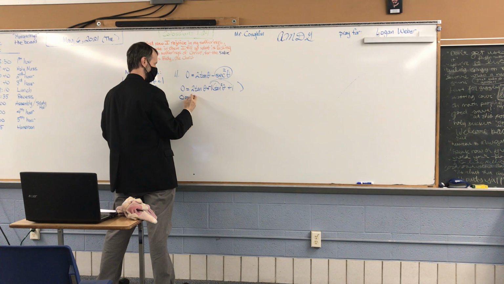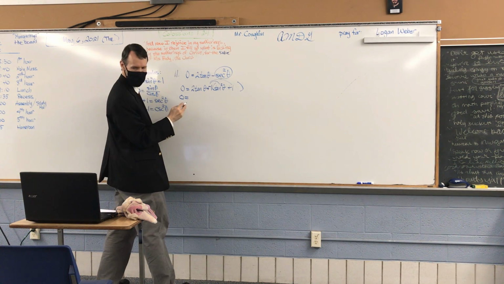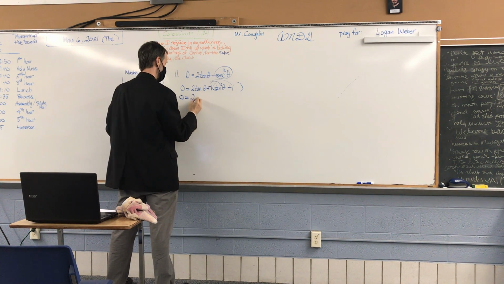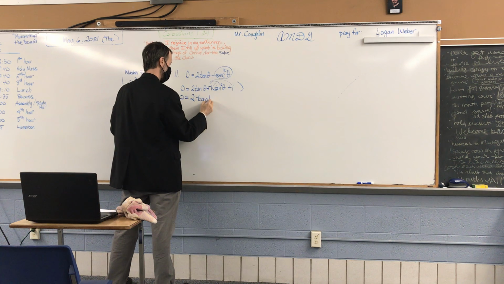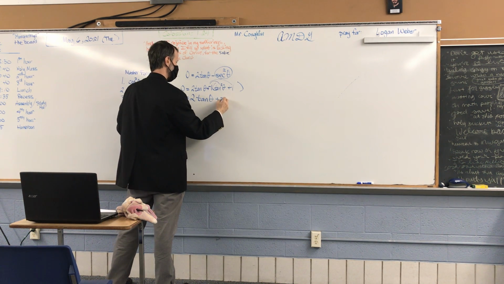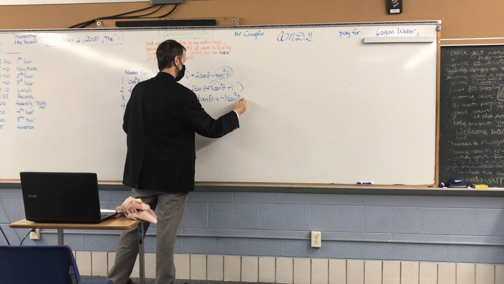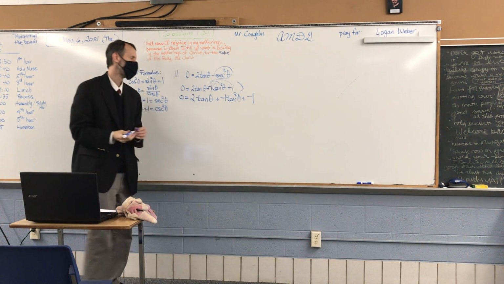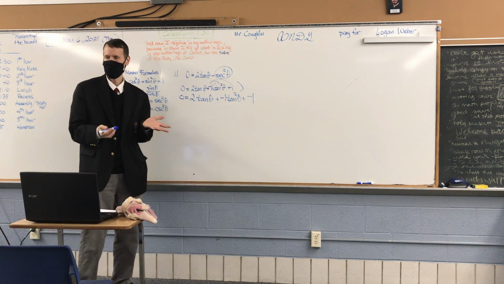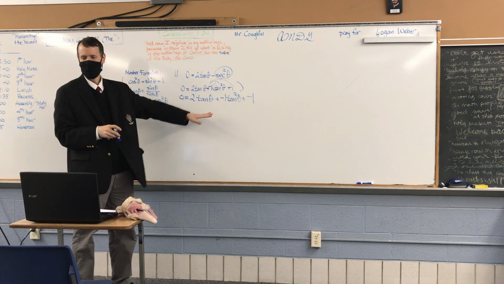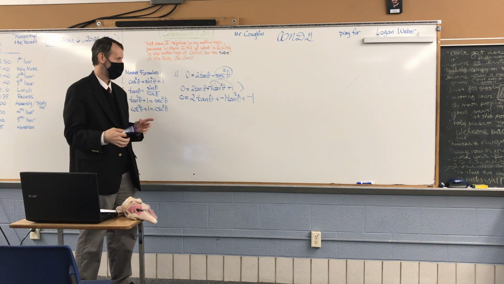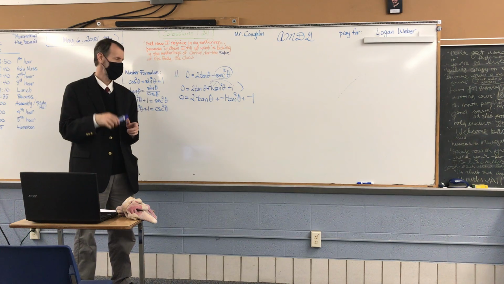0 equals what? I'll write bigger. Can you read this or no? Okay. So 2 tangent of theta plus negative 1 tangent squared of theta plus negative 1. So I just distributed the negative 1. Does that make sense? Is that a little easier to read too? Will, help me out.